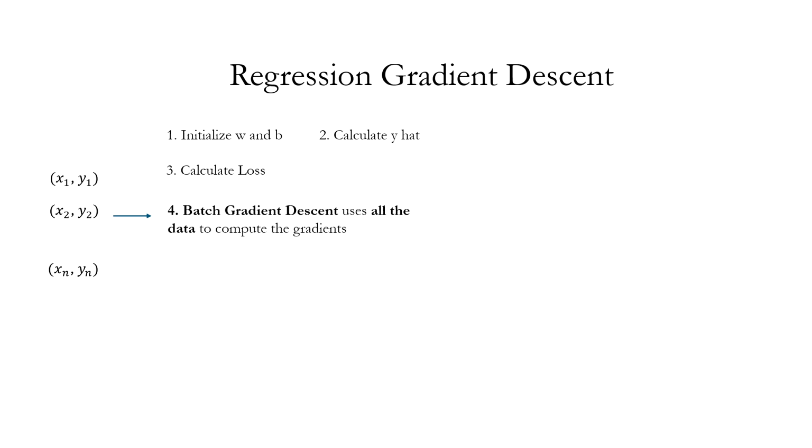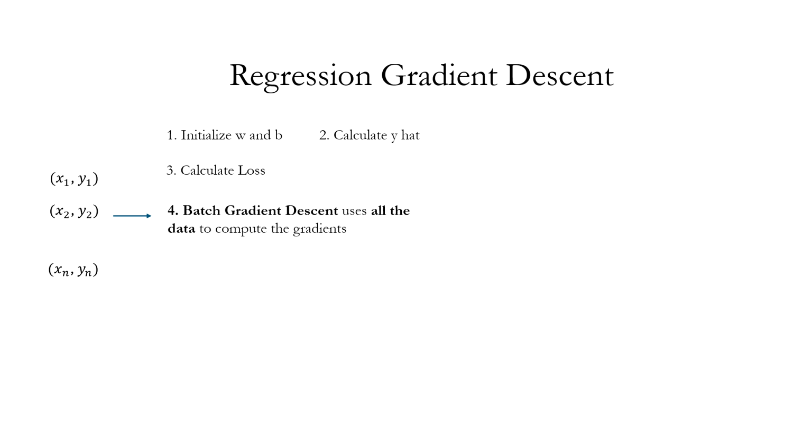So let's go over the regression gradient descent again. We initialize W and B, we calculate y hat, we calculate the loss. We've got x1, y1, x2, y2, xn, yn. Those are the data points. And then we calculate batch gradient descent, and that uses all the data to compute the gradients.